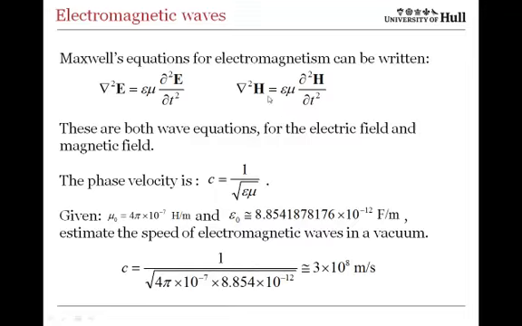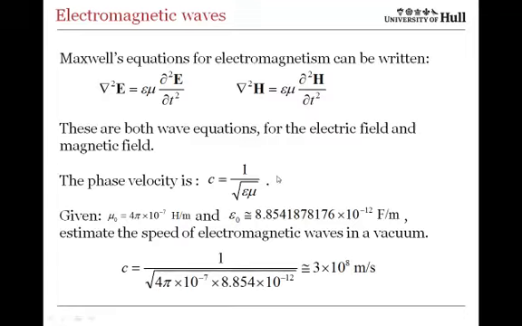Now the manipulations that got us here started off with the magnetic field and the electric field in the same equations. So although they're expressed here as two independent wave equations, they're actually coupled. And so you get an electromagnetic wave that propagates at the speed given by 1 over the square root of this term, the product of the permittivity and permeability. And they are mutually coupled. You can't have one without the other.